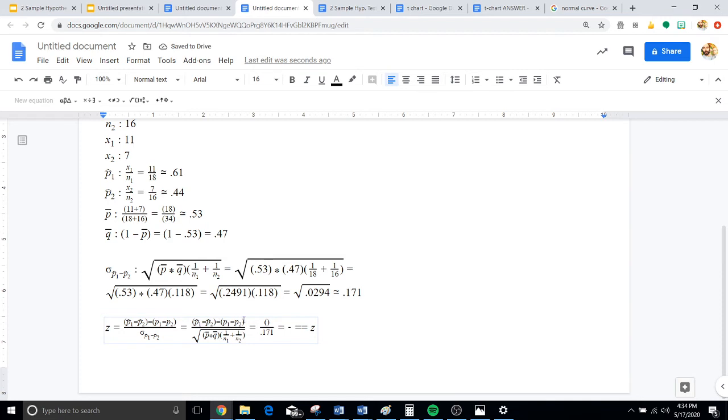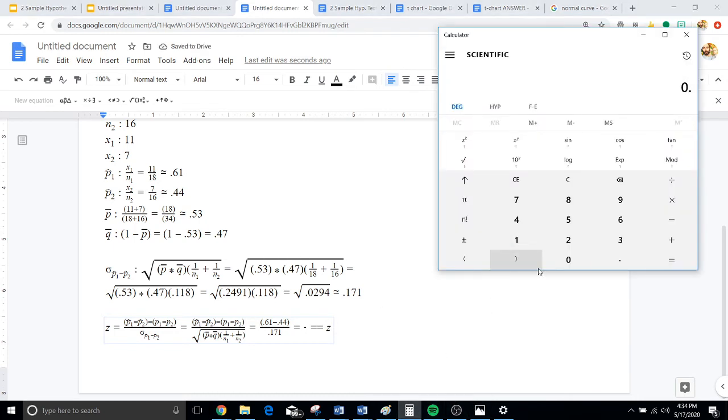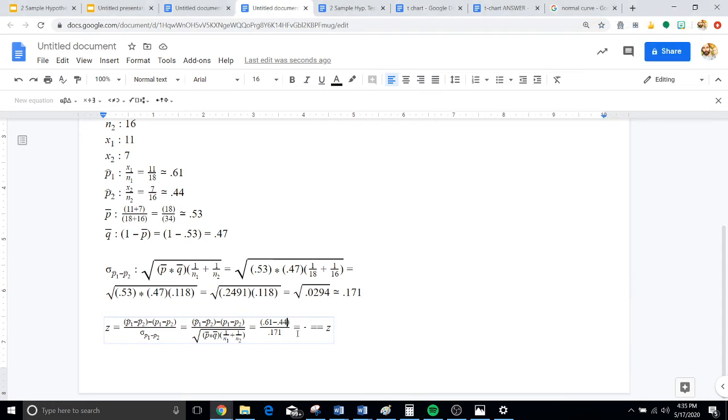P1 minus P2, we know that these right here are going to disappear, the P1 and the P2, with the P hat 1 and P hat 2. We actually know those. So P hat 1 was 0.61, and we are going to subtract from that 0.44. So let's find out. 0.61 minus 0.44 is going to give us about 0.14.